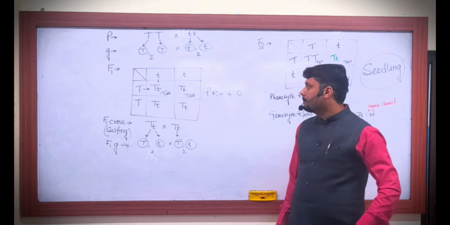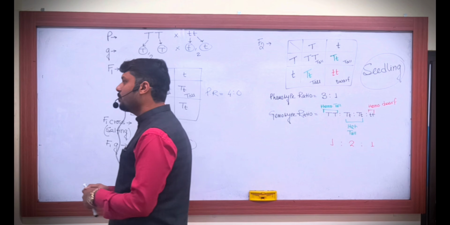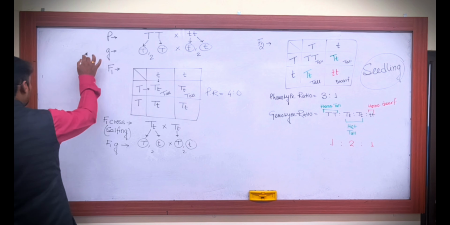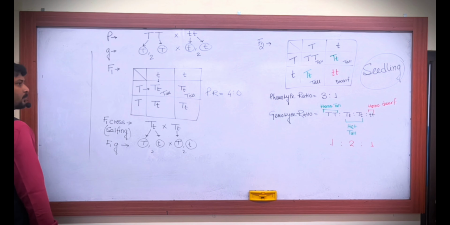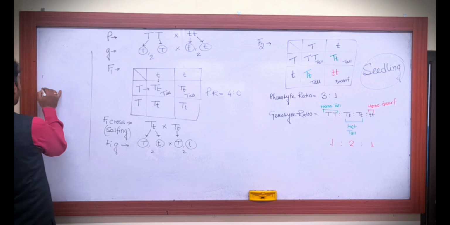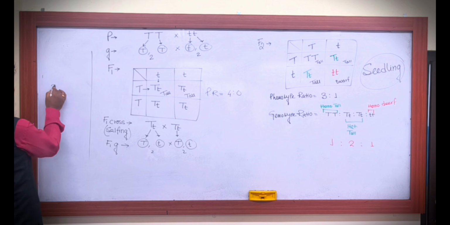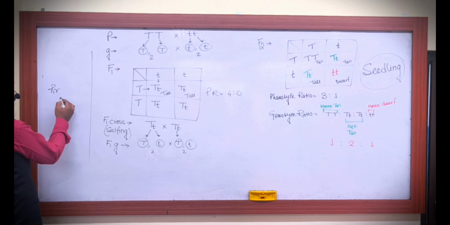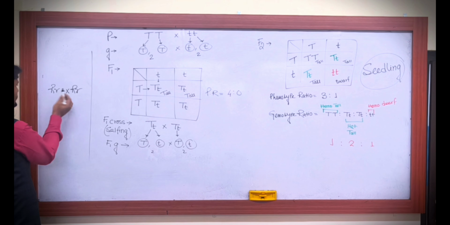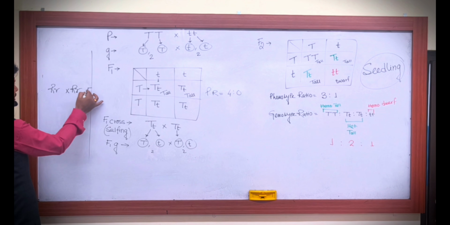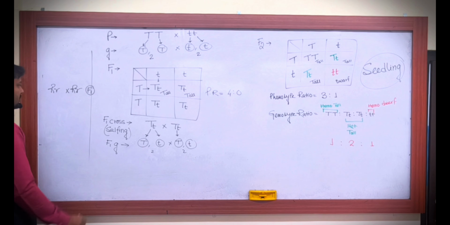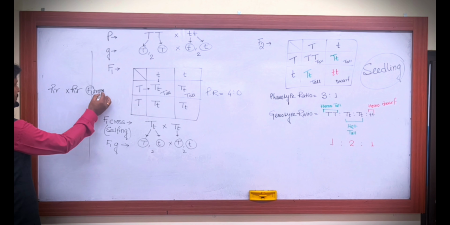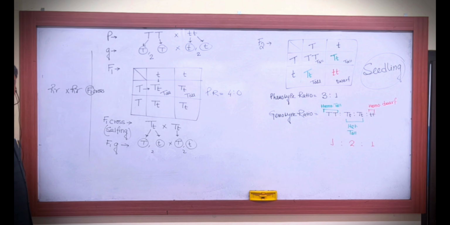So what is given? Round shape of seed is dominant over the wrinkled shape of seed, and heterozygous round shape of seed. So capital R small r is self-crossed. Self-cross means this is simple F1 cross.